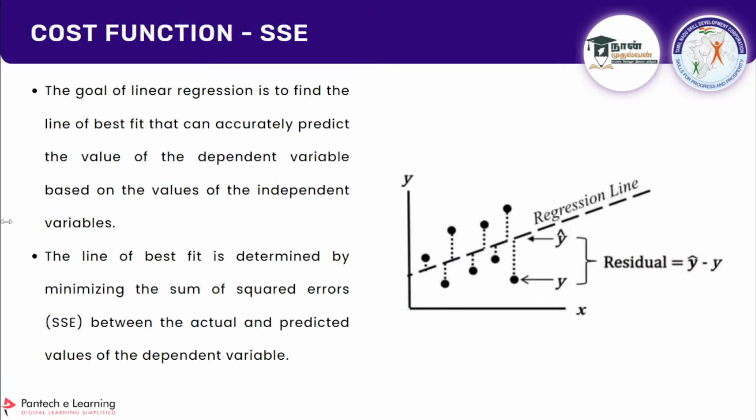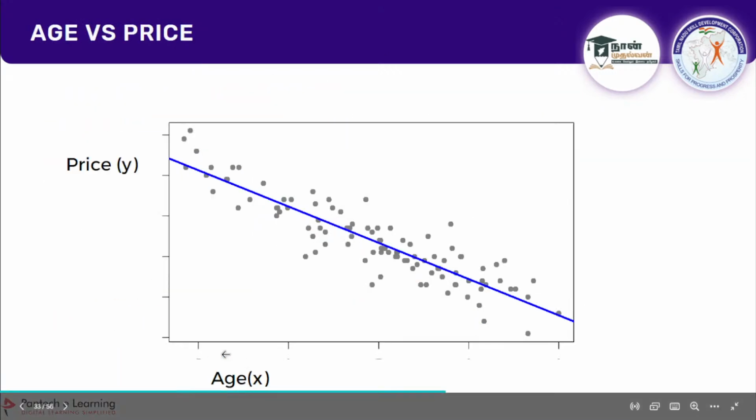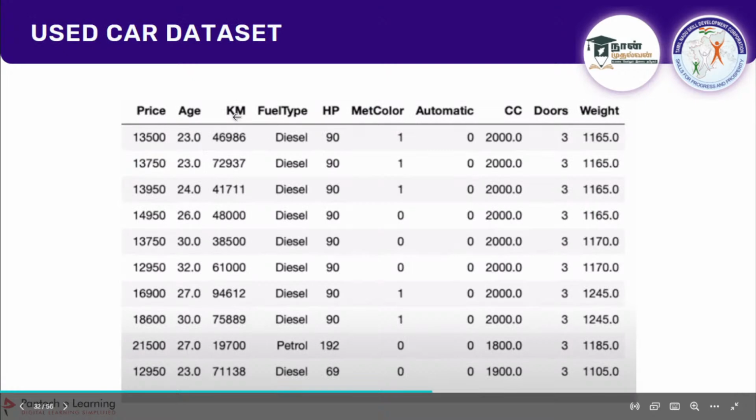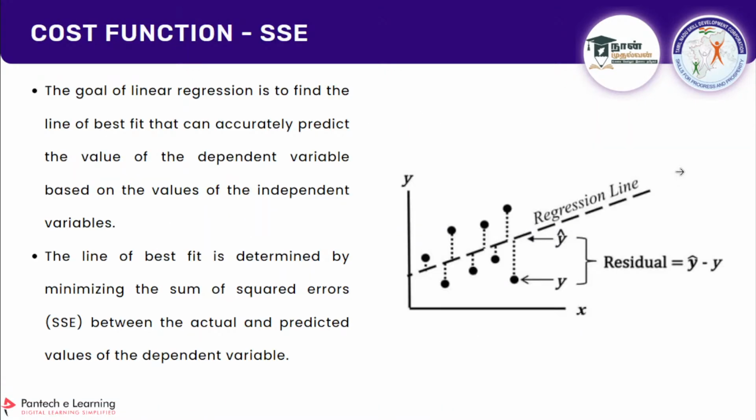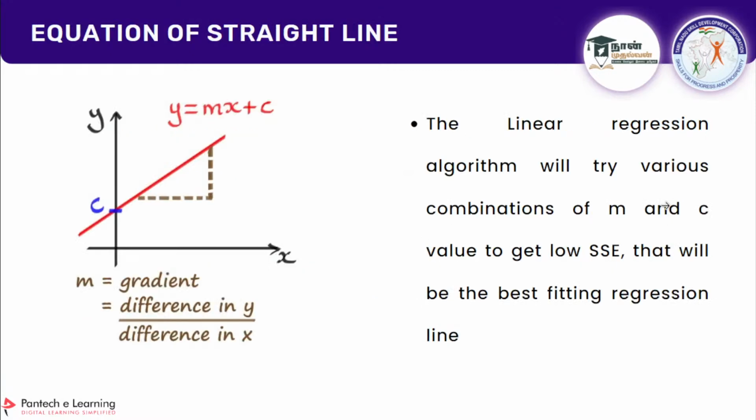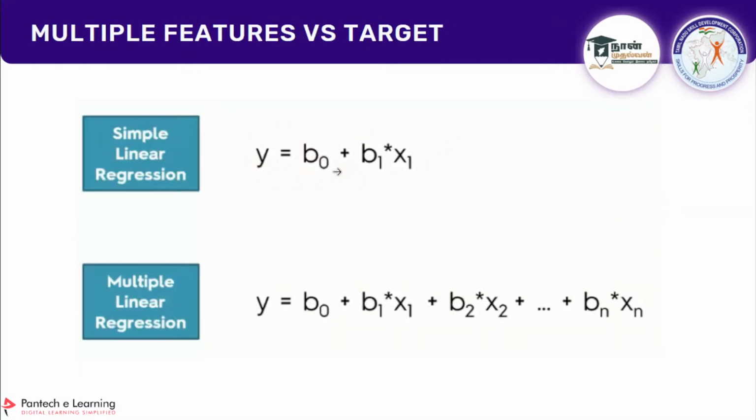So till now I have used only one column, right? Only age versus price. But there are other features also. If I pass all these features, it is going to be a sum of them. This is the same y equal to mx plus c. Don't get confused. This c value will be a constant because you are drawing only one straight line which passes through the y intercept.